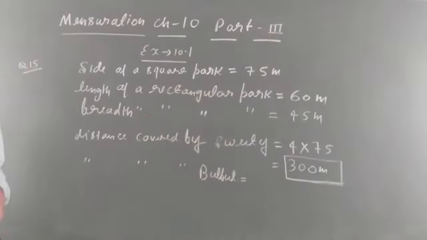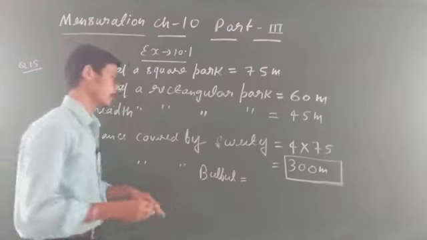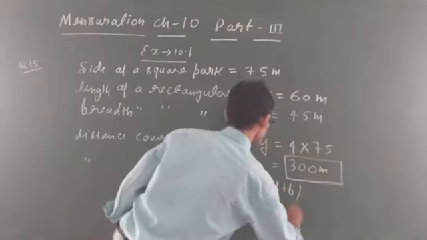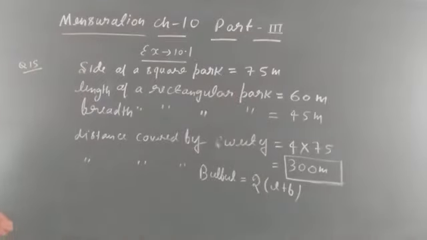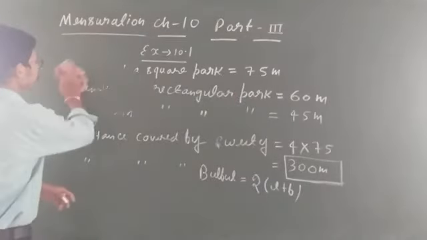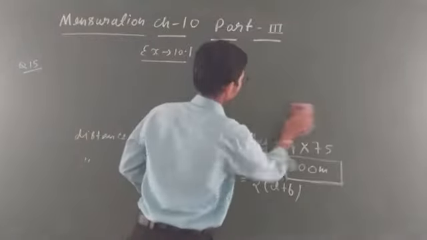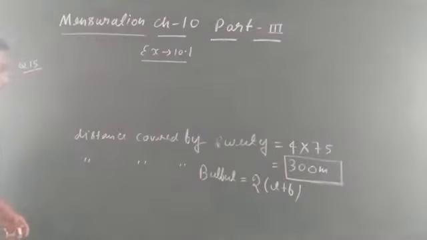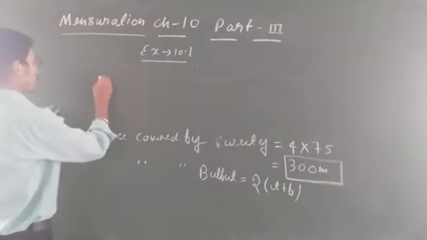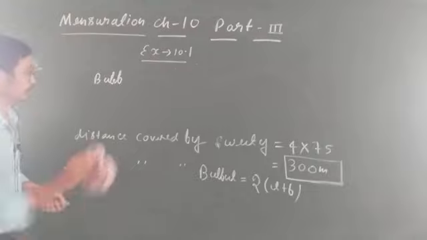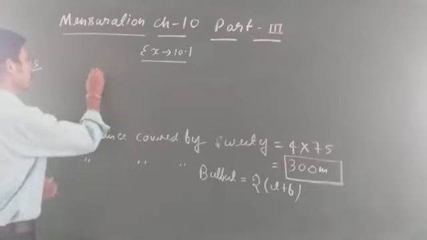So what is the formula for the perimeter using length and breadth of a rectangle, student? You know that perimeter is 2(l plus b). Yesterday I explained about the formula, student. Clear? So here I am writing distance covered by Bulbul.